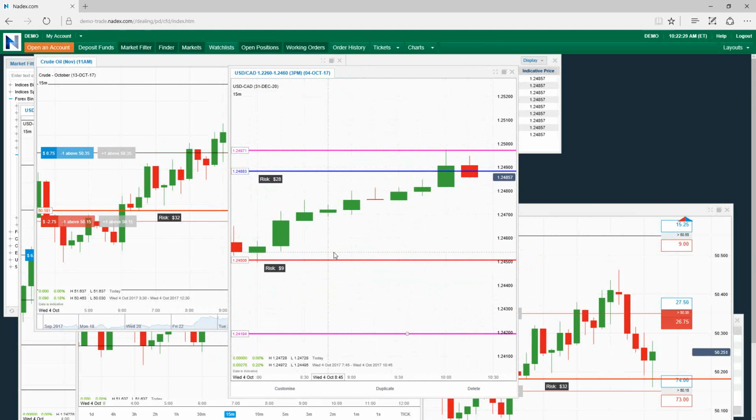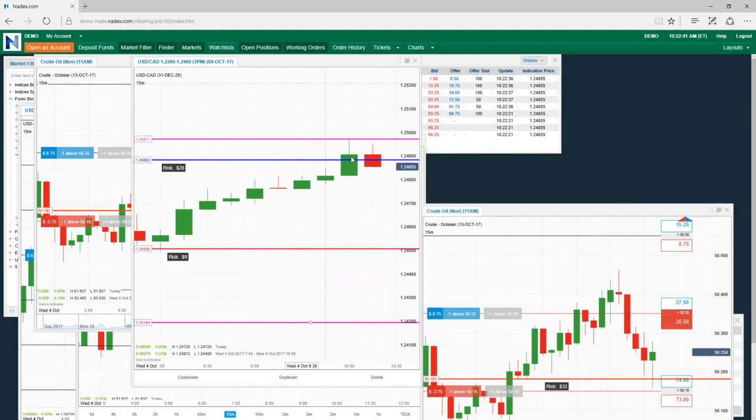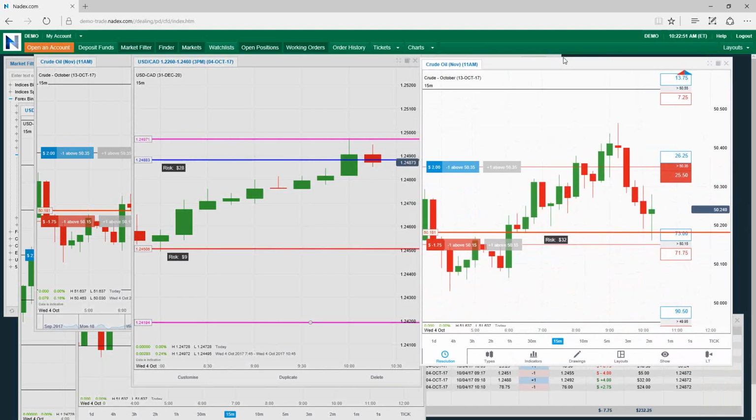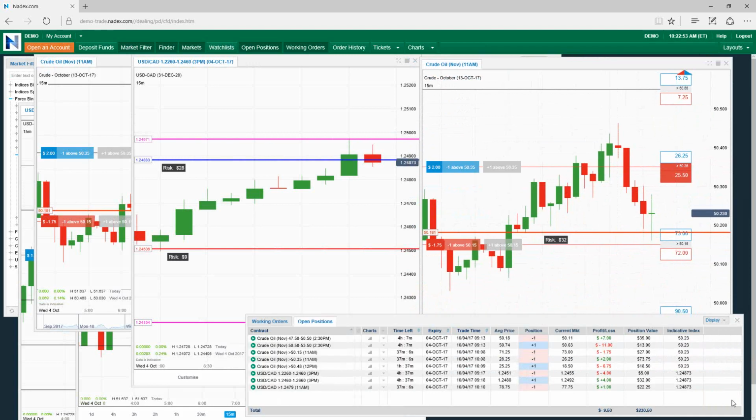Do y'all understand that? Now remember, my bias was to the downside anyway. But if it were to move against me, and let's say it goes above 2,500, then I've still made a profit on that trade. Any questions on that?